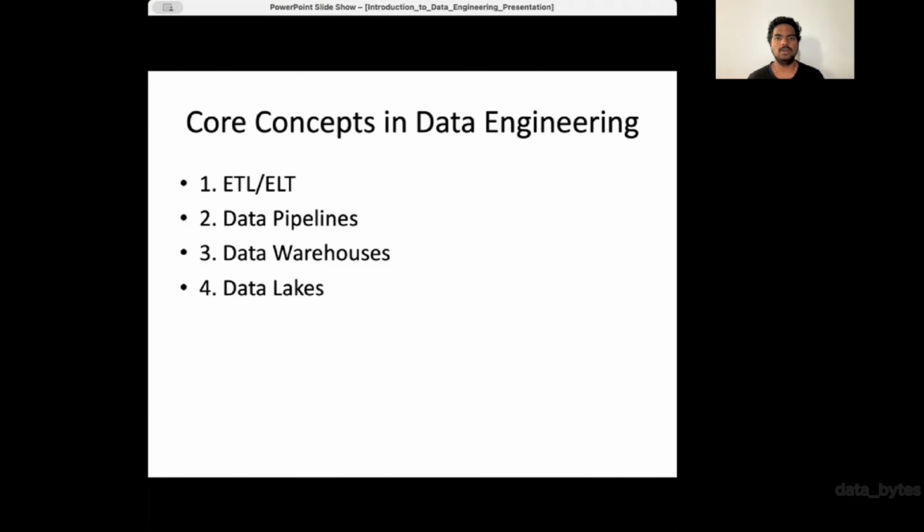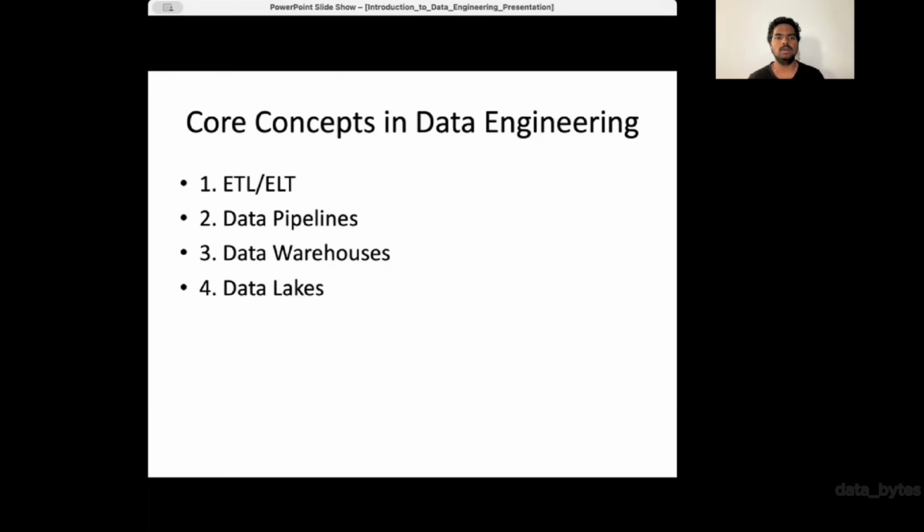Well, ELT is also a similar use case to ETL, but it is mostly used by unstructured data and semi-structured data. And the data here by the process of ELT is moved to the data lakes. And now moving on to the data pipelines.